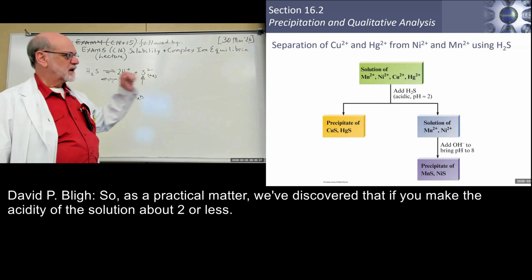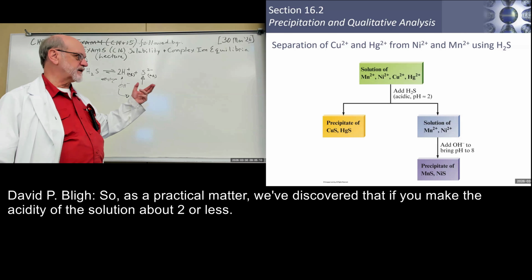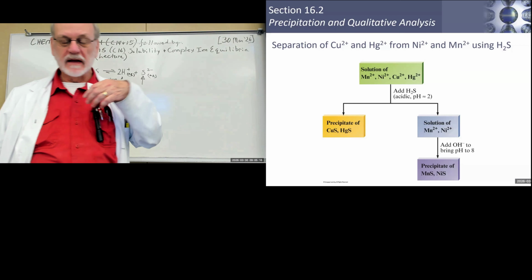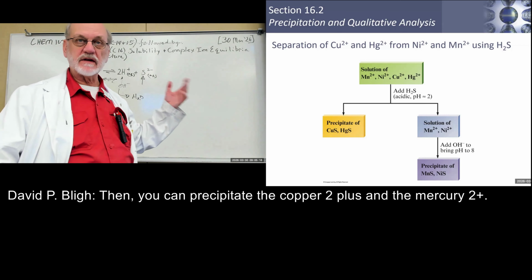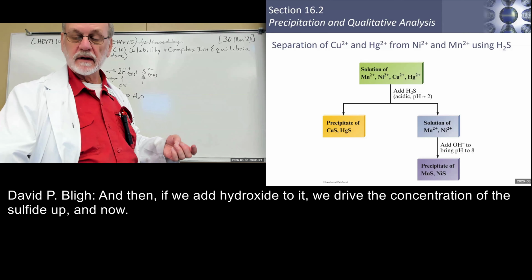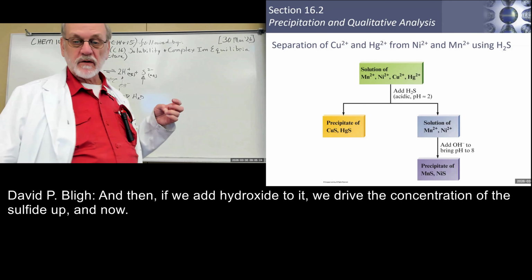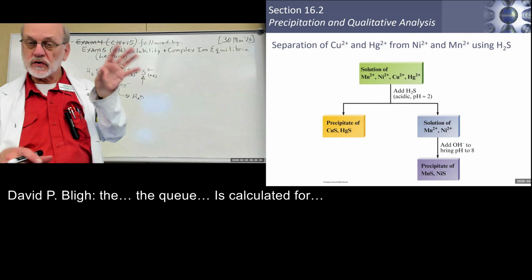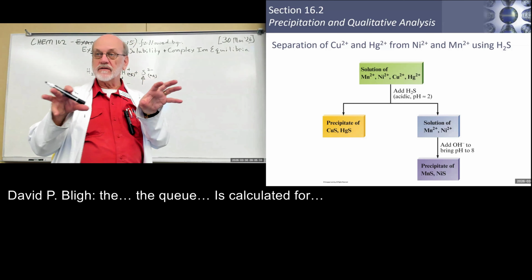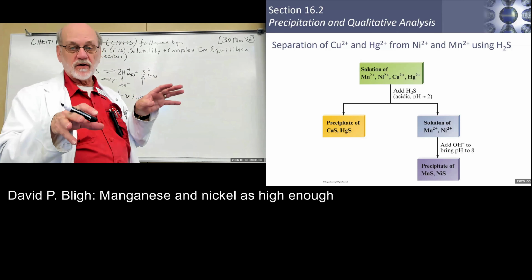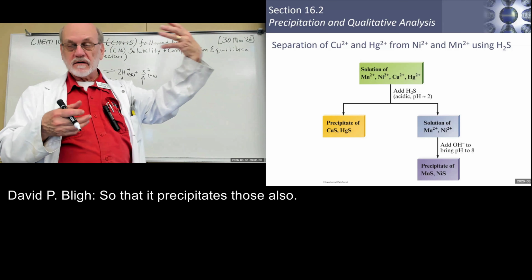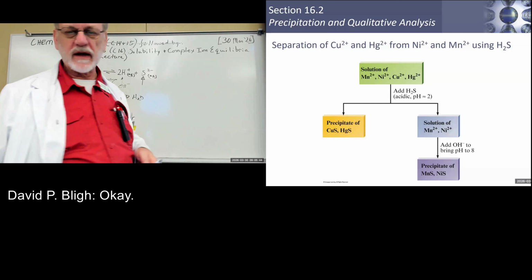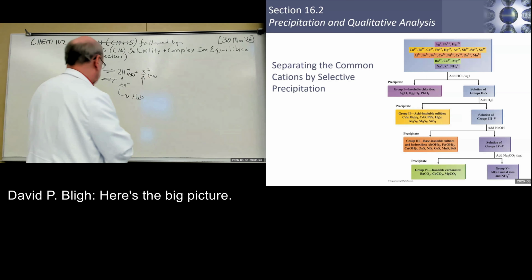So as a practical matter, we've discovered that if you make the acidity of the solution about pH 2 or less, then you can precipitate the copper 2 plus and the mercury 2 plus. And then if we add hydroxide to it, we drive the concentration of the sulfide up, and now the Q calculated for manganese and nickel is high enough that it precipitates those also. Here's the big picture.